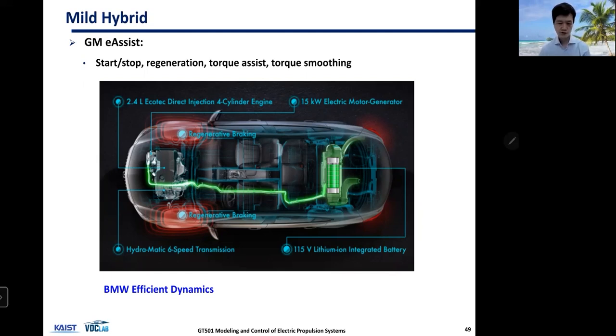But for low voltage applications, you can use much cheaper and lighter cables. So for low electrified vehicles, reducing cost is very important. So usually 48 volt is a standard in the market. Okay.